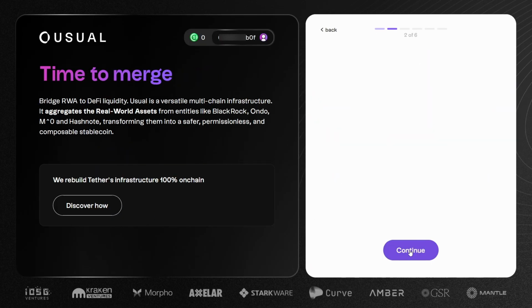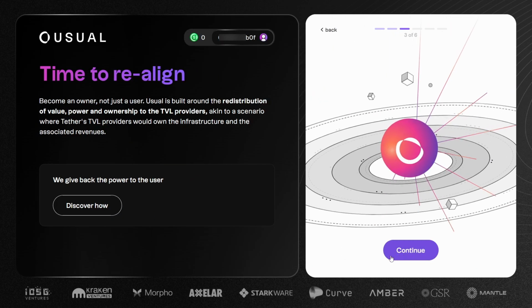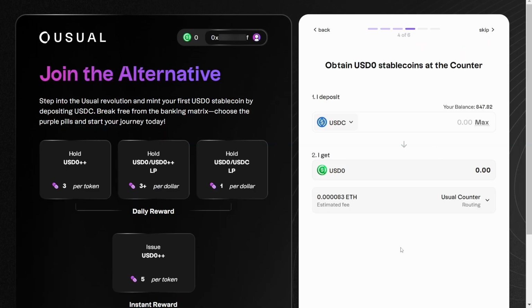Here is an explanation of the possible options for farming pills. You can hold USD0++ and receive 3 pills per token. Add liquidity in the USD0, USD0++ liquidity pool for more than 3 pills per token, or in the USD0, USDC liquidity pool for 1 pill.